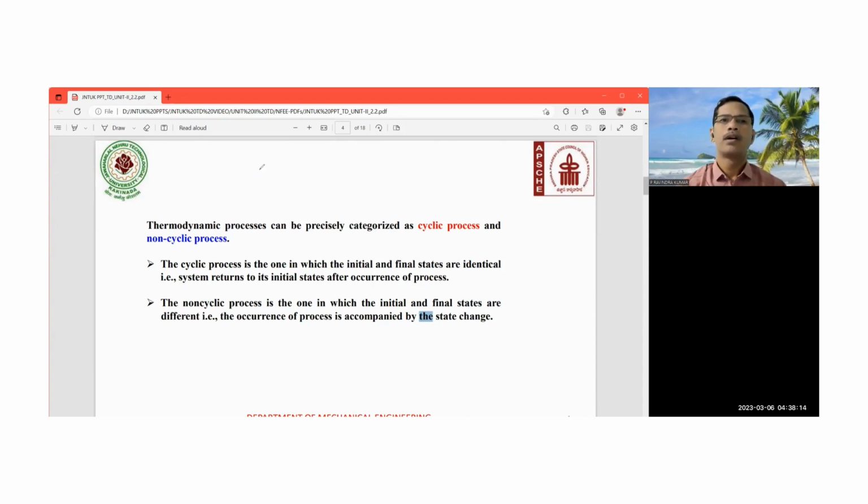Here, if you draw the PV plane, the system changes from state 1 to state 2 following path A, and returns following path B. So this is nothing but a cyclic process.